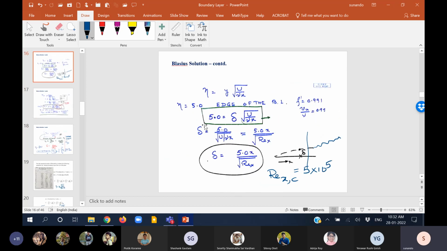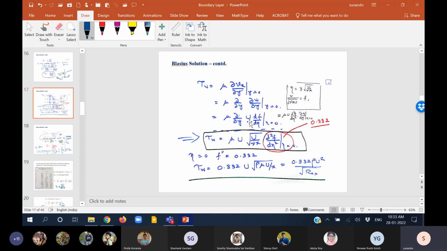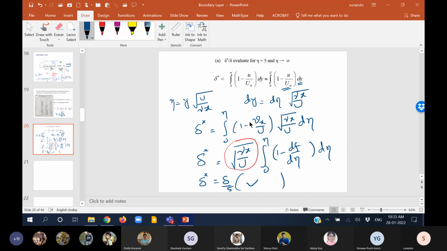I will go back to this once again. If you look at the expression over here, if you substitute the value of the expression for Re x, it's essentially the same one. So delta by 5 is simply the inverse of this, and that's what we have in this expression, root over nu x by u. So this must be equal to delta by 5.